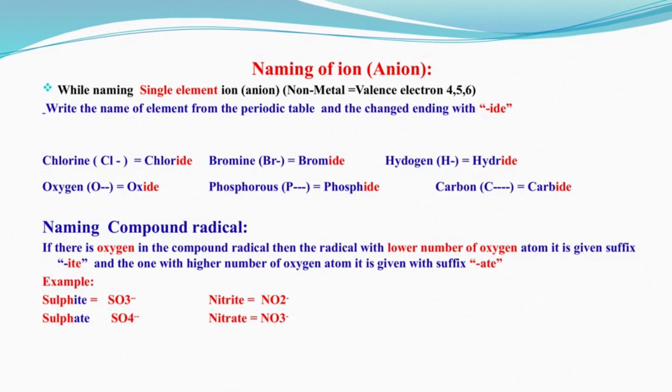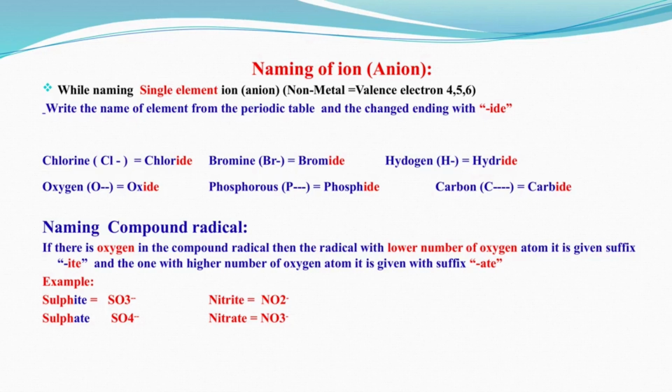Another example: NO2 minus and NO3 minus, that is nitrite and nitrate. In this case also they have the same valency, but the number of oxygen atoms is different.